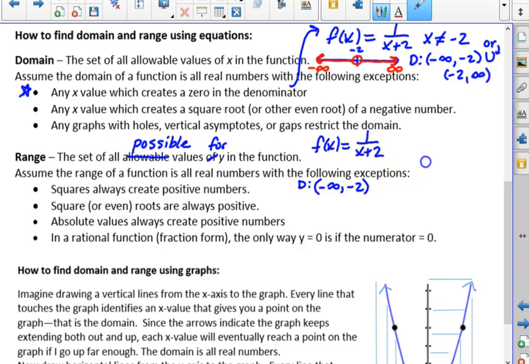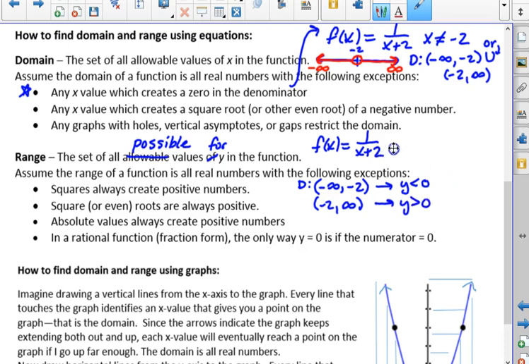So for this section of the domain, y is going to be less than 0. Now for this section of the domain, -2 to positive infinity, so let's say something bigger than -2, like -1 or 0 or 1, any of those numbers are going to result in 1 divided by a positive number, so y will end up being a positive number.